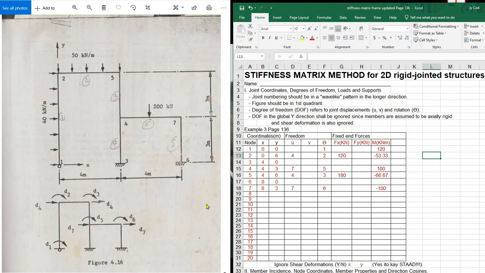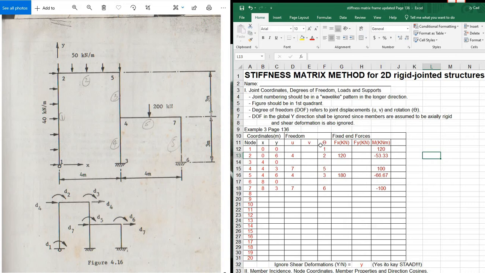Tapos, yung displacements naman, or yung freedom, you have here U, V, tsaka yung theta. Remember na yung U displacement, that is the horizontal or X displacement, and then V, that is the vertical or Y displacement, and then theta is the rotation, or that is on moments.